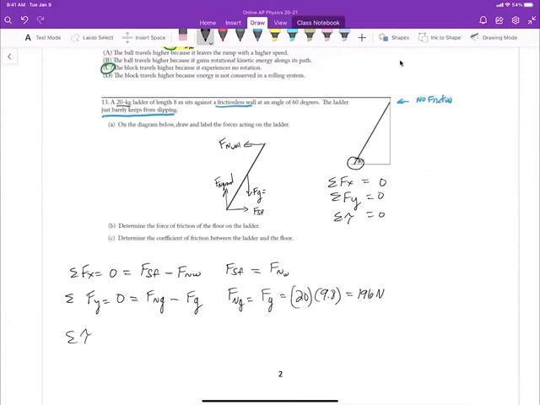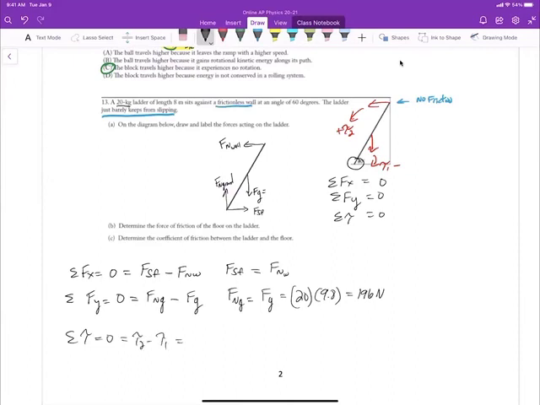And I have to, if I choose that location for the axis of rotation, confirm which direction each torque points. So we'll call the force of gravity torque 1, and it's negative. And this force from the wall is torque 2, and it's positive. All right. So we'll sum all the torques. They have to equal 0, and that will equal torque 2 minus torque 1.